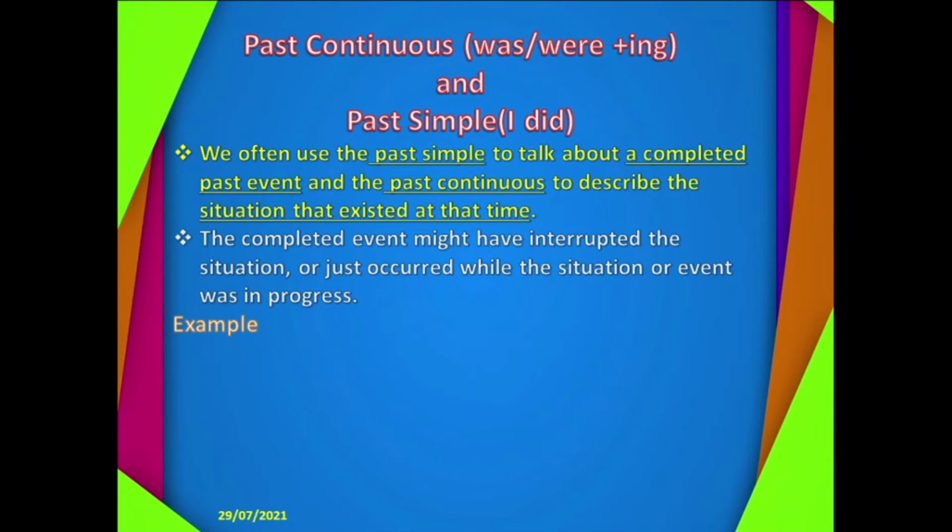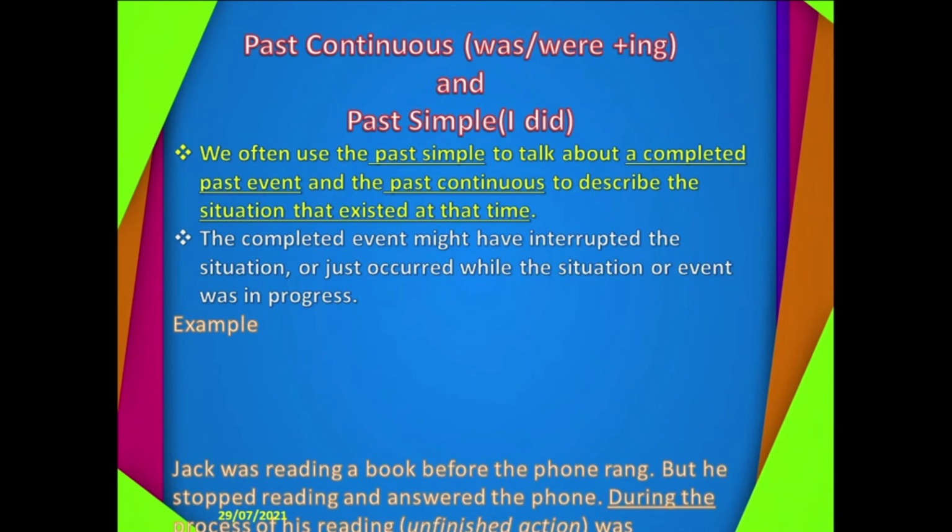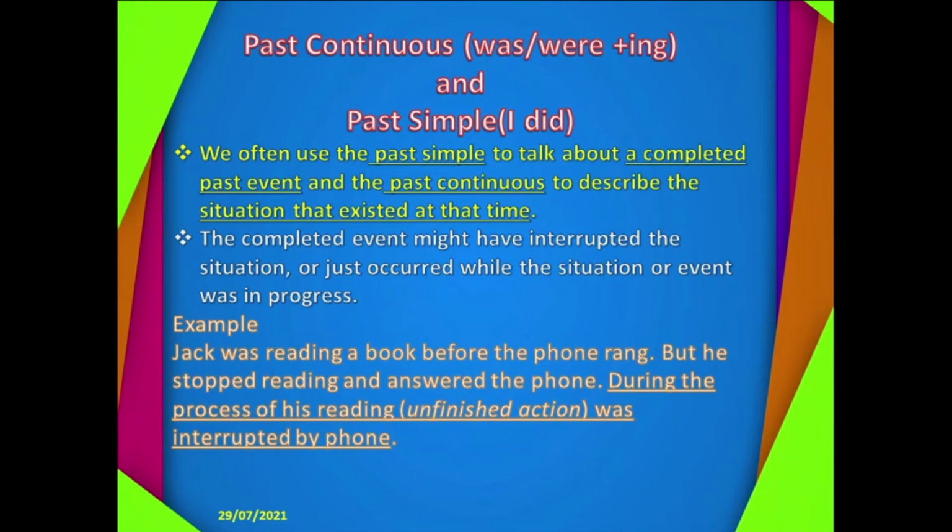I hope you understand what it says from this example. Jack was reading a book before the phone rang, but he stopped reading and answered the phone. So Jack was just reading, and in the process of his reading he was interrupted by the ringing phone. That's what it means. That way we form sentences with the past continuous and past simple tense.